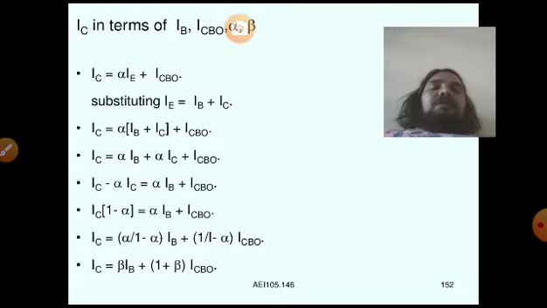IC into (1 minus alpha) is equal to alpha into IB plus ICBO. So IC is equal to alpha divided by (1 minus alpha) into IB plus 1 divided by (1 minus alpha) into ICBO. Therefore IC is equal to beta IB plus (1 plus beta) into ICBO.